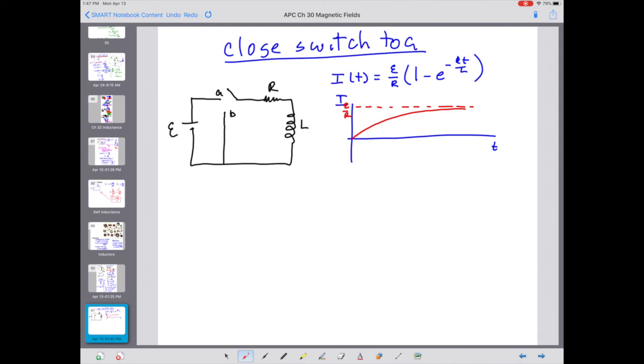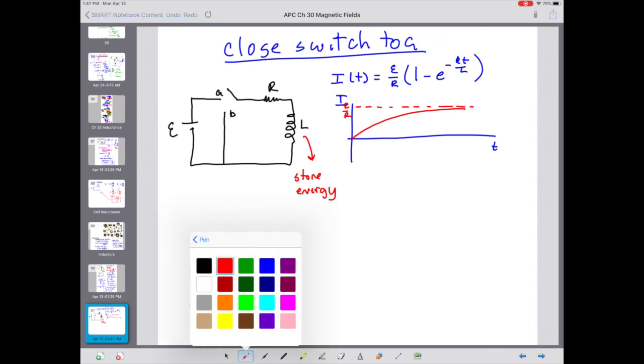Now, as it increases in current gradually, what's happening is that you are storing energy in that inductor. So eventually, after an infinite period of time, when you reach that steady state situation, you have the inductor now just basically behaving as a long wire, but it has stored energy.